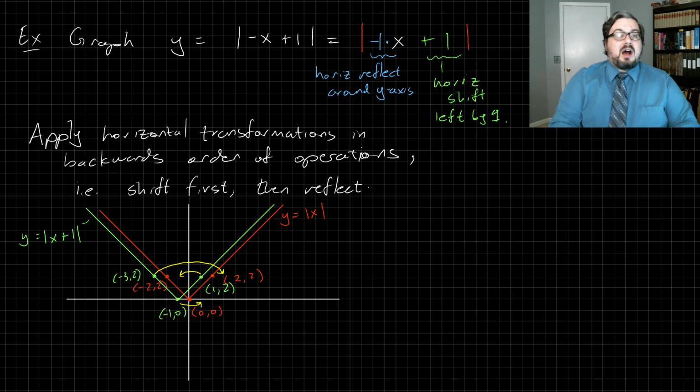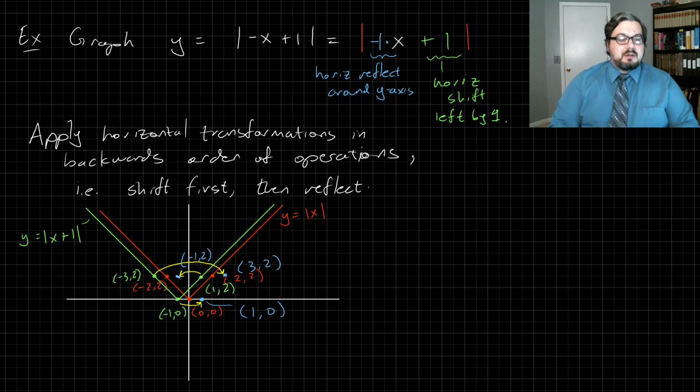And again, we can accomplish this numerically by simply multiplying the x-coordinates by -1. So the point -1, 0 will go to the point 1, 0. The point 1, 2 will go to the point -1, 2. And the point -3, 2 will go to the point 3, 2.